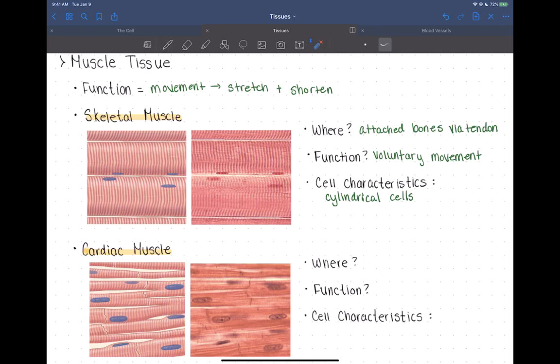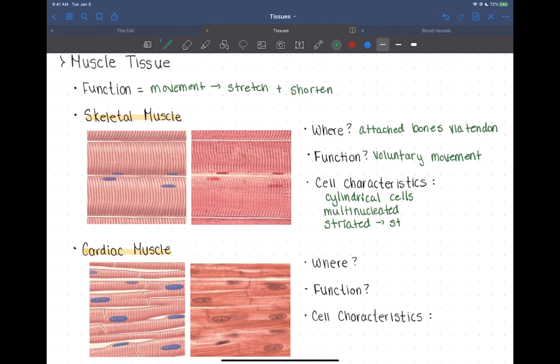They are multinucleated. All right, so each muscle cell has more than one nucleus. They have many nuclei. All right, so they're multinucleated, and they are striated. And so striated is just that striped appearance you see in the picture.